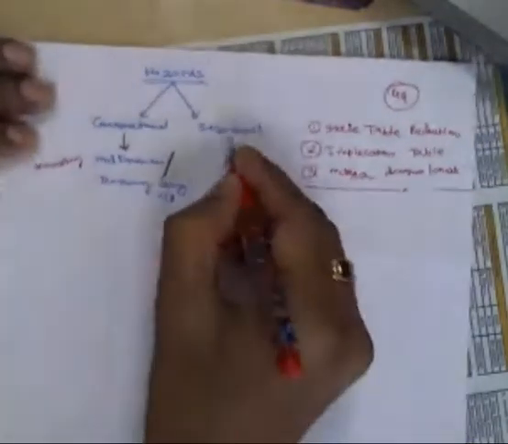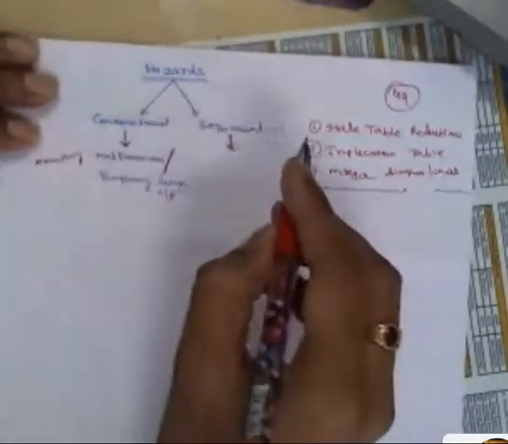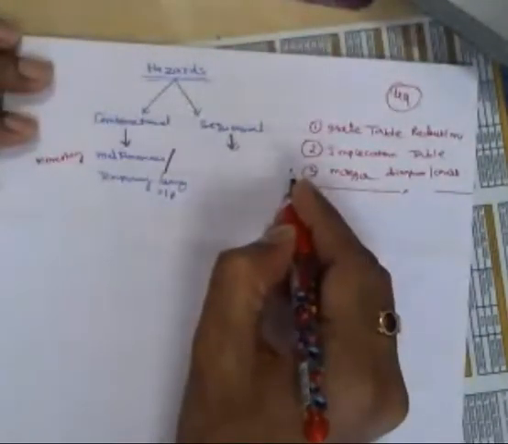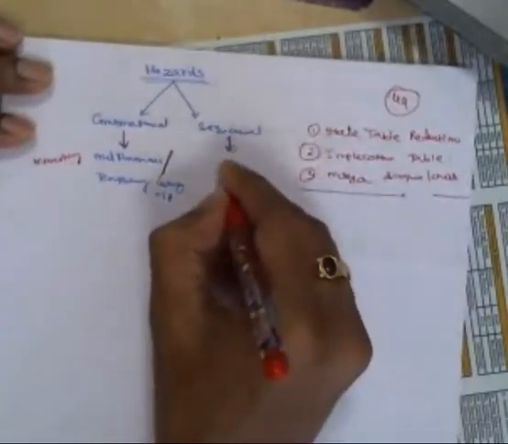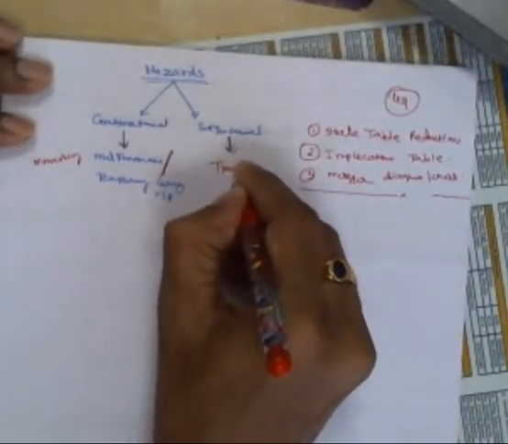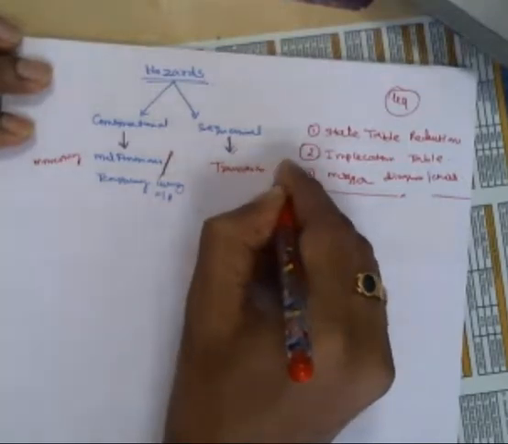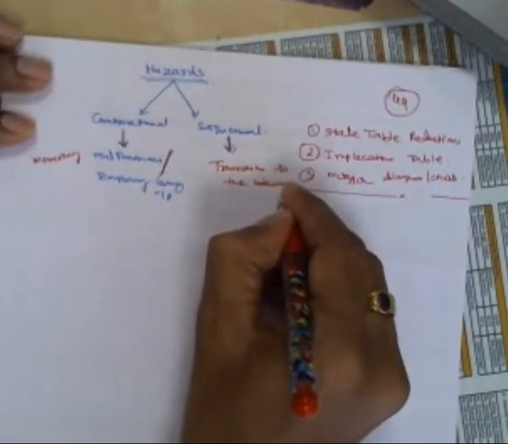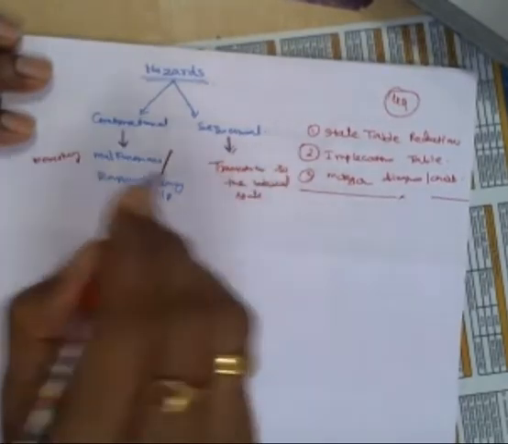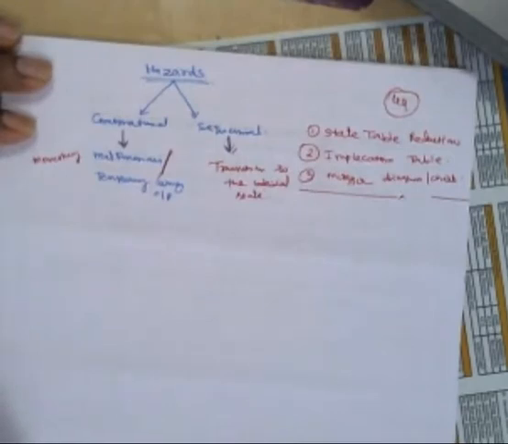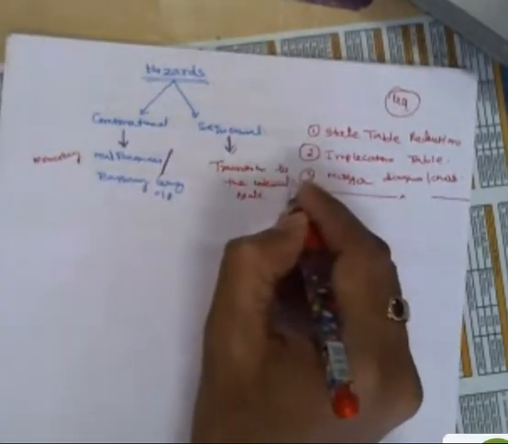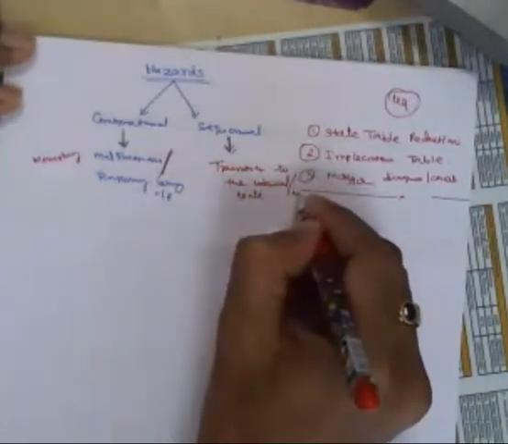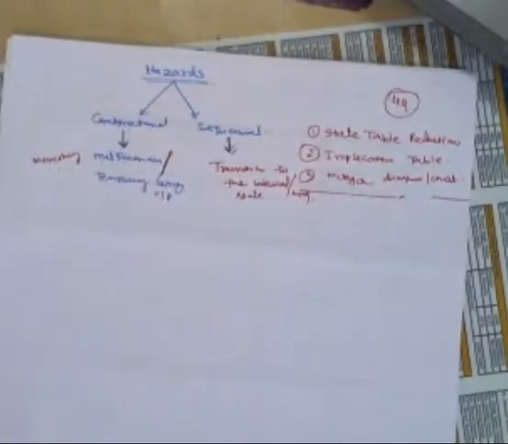But if it is in sequential circuits, then that hazard may transfer the circuit into some unexpected, undecided state. Undecided state, obviously, is the wrong state, because we want to force the circuit into some predetermined state based on the application.